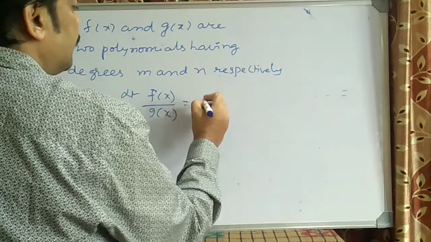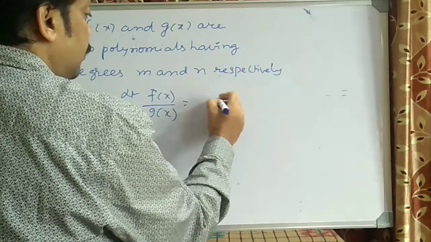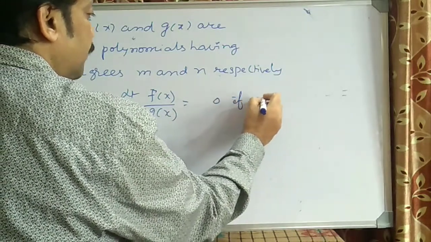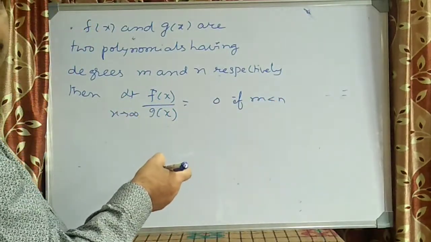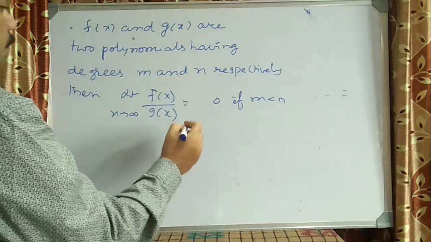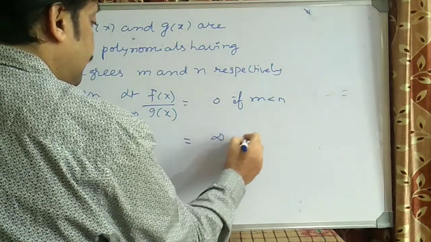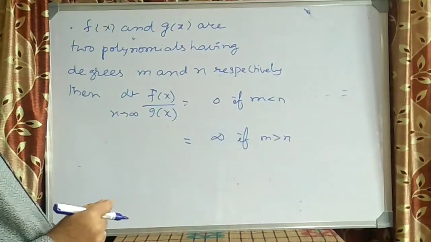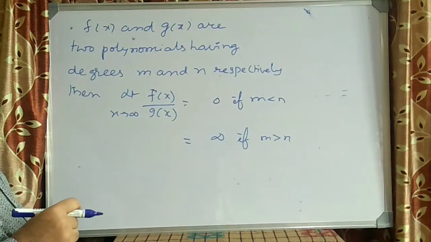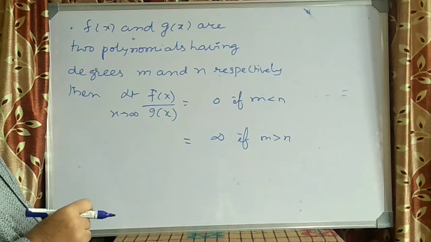So f of x by g of x is equal to 0 if m is less than n, that is numerator degree is less than the denominator's degree. That is equal to infinity if m is greater than n, that is degree of numerator is greater than the degree of the denominator.